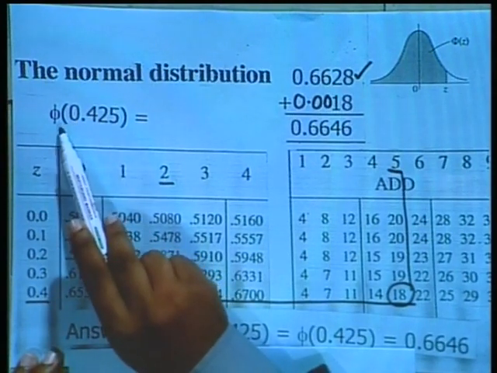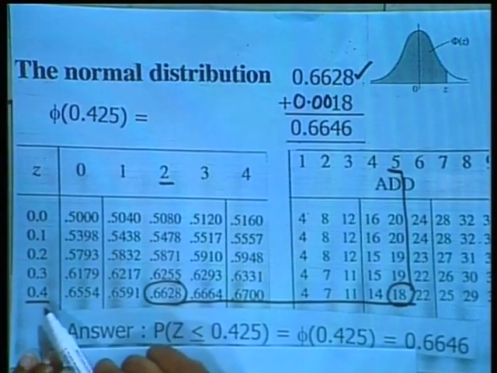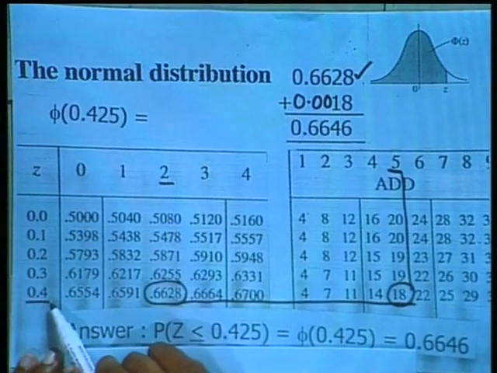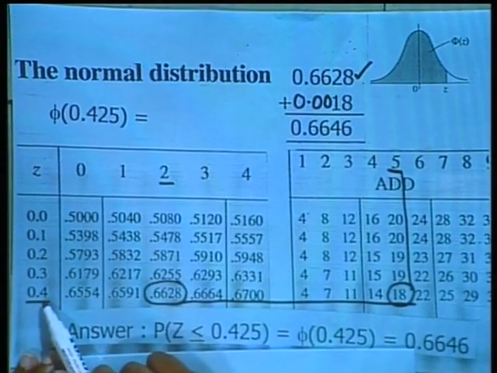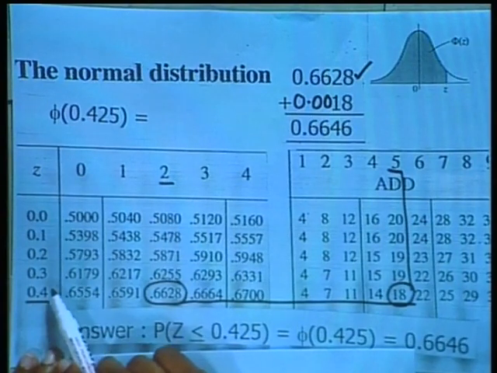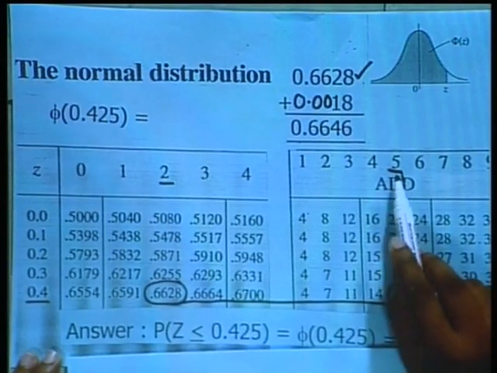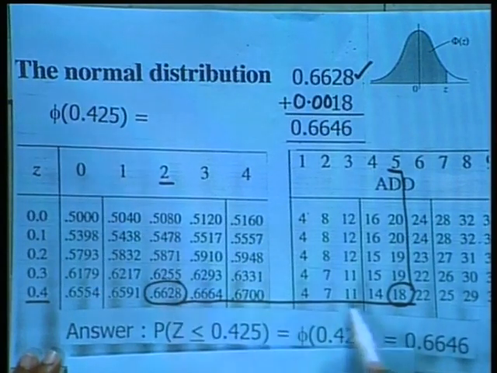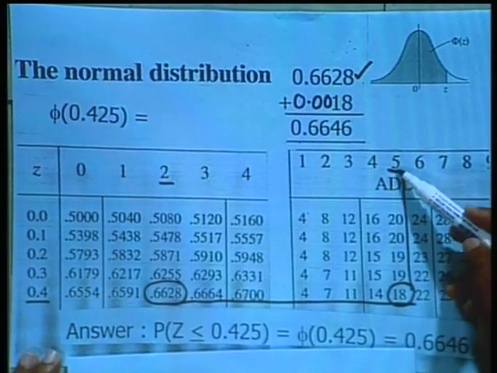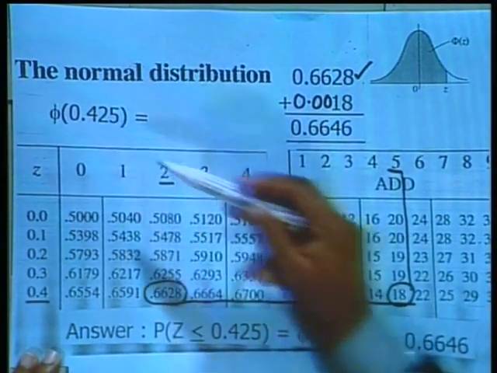In order to find the value of phi of 0.425, first of all we located 0.4 in the first column because the unit was 0 and the first decimal place was 4 in the value of z. The second decimal place is 2, whereas the third one is 5. So we read this value, 0.6628, and then continuing in the same row until we reach the value 5, representing the third decimal place in the value of z.